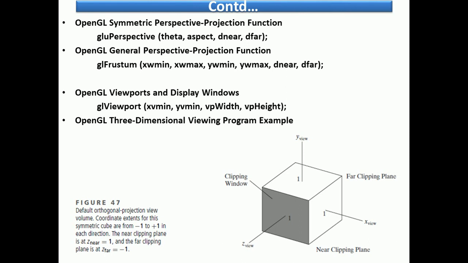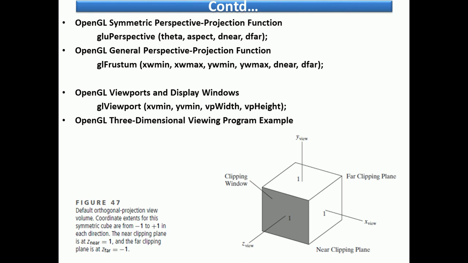The other function can be used for either a symmetric perspective projection or an oblique perspective projection. For both of these functions, the projection reference point is the viewing coordinate origin and the near clipping plane is the viewing plane.